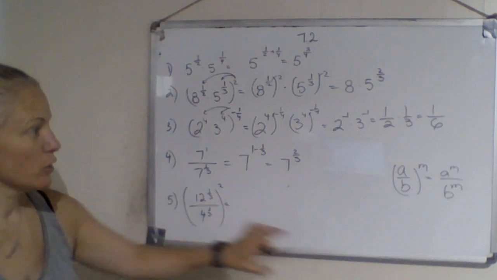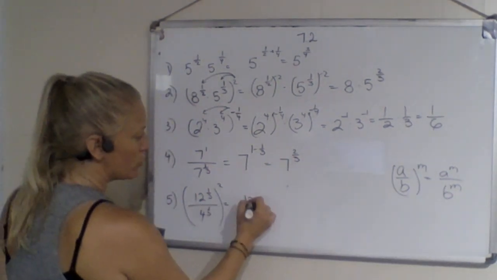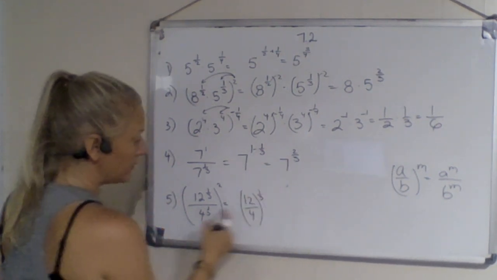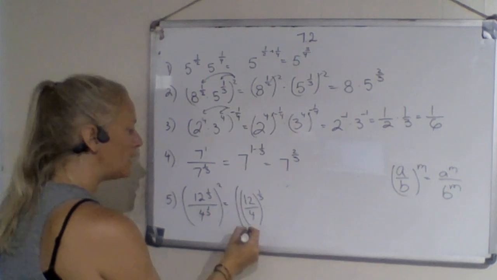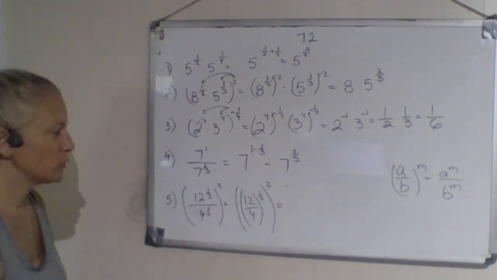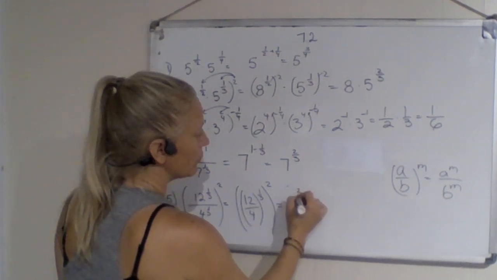I can do this also backwards. I can start here and get here. I can rewrite this as 12/4, all of it to the 1/3, right? Because this is distributed, and then all of it to the second power. Why did I do this? Because 12/4 gives me a good number. It's 3 to the 2/3.